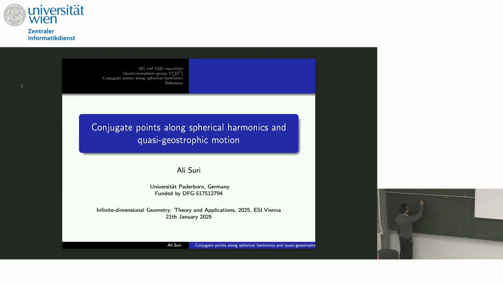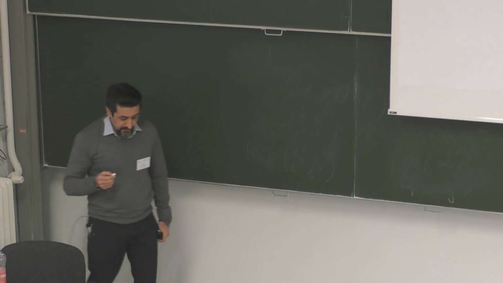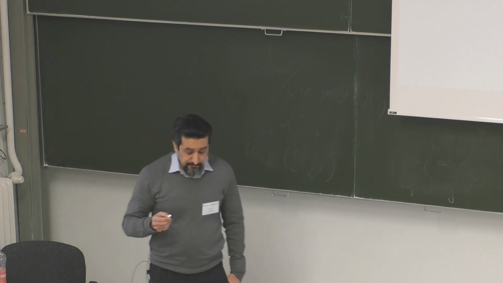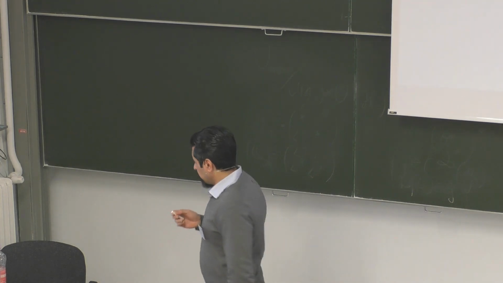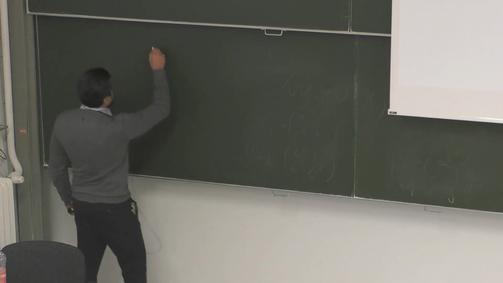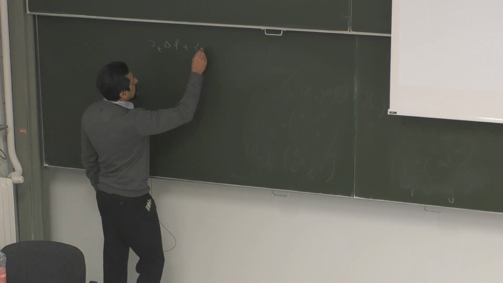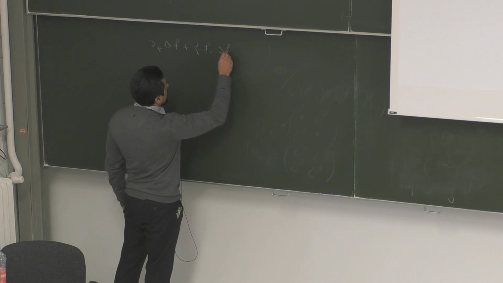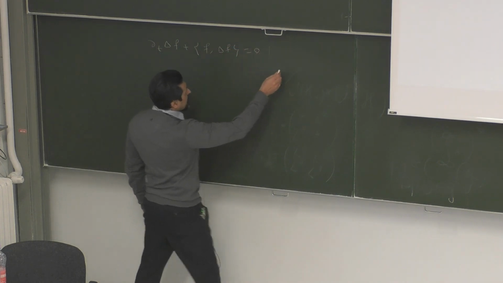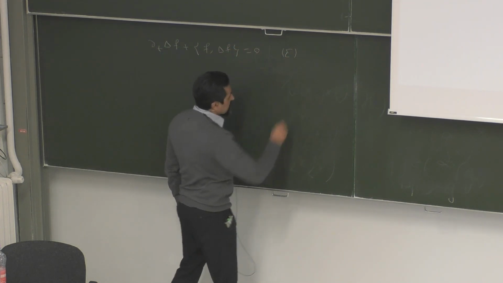So first, I will talk about three nonlinear partial differential equations. The first one is the vorticity form of the Euler equation for incompressible perfect fluids on the sphere, which is given by... I call it the Euler equations.